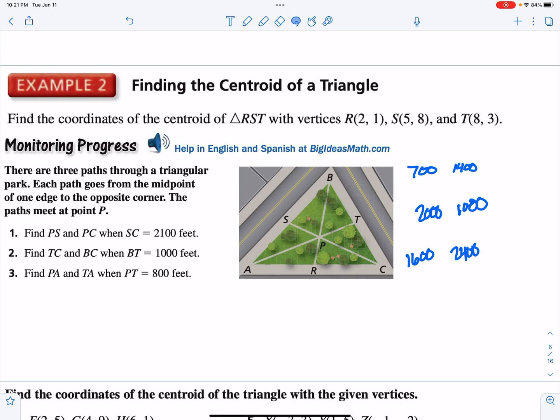Excuse me, those are backwards. BC is 2000, TC is 1000. And then PA, the 2/3 part, is 1600. PT was 800, so we add those up and we get 2400.